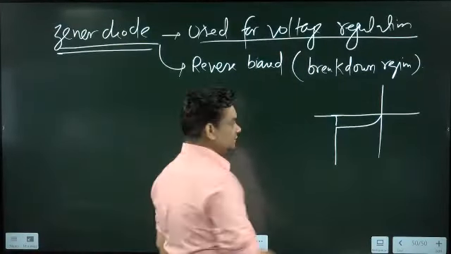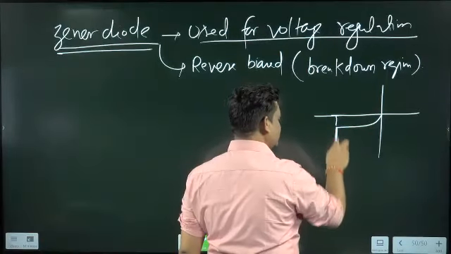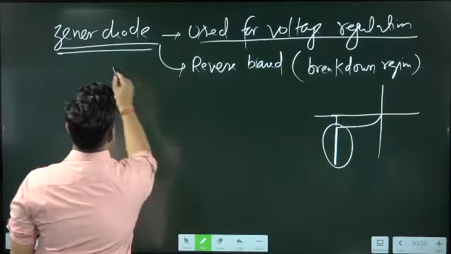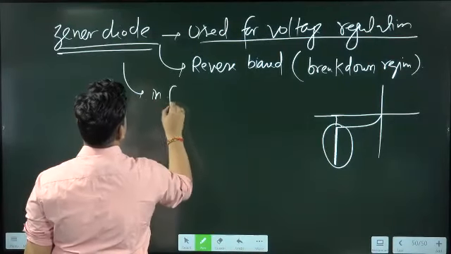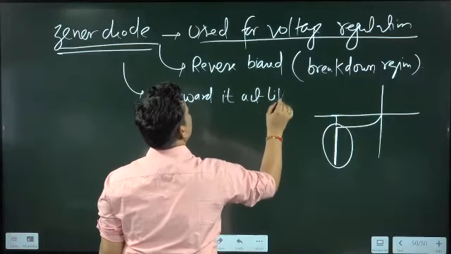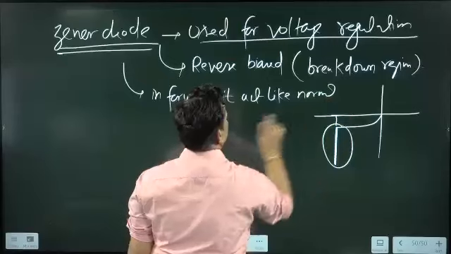So this is the region where the Zener diode is used, reverse biased. In forward bias, it acts like a normal diode.